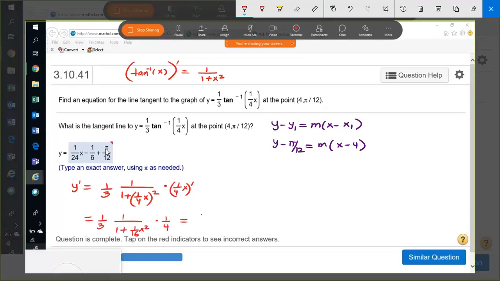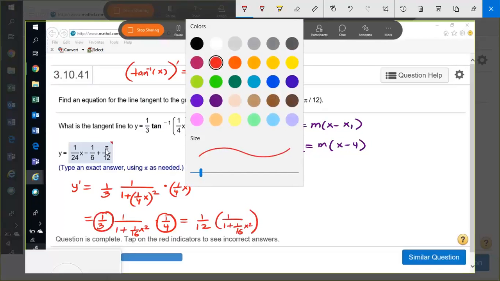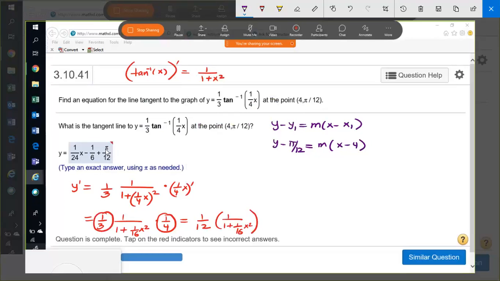So it boils down to 1 over 12, if I combine 1/4 and 1/3, which is 1/12. And I can leave it like this: 1 over 1 plus 1 over 16 x squared. I need the slope at what point? I need the slope at x equals 4, so just plug in 4.